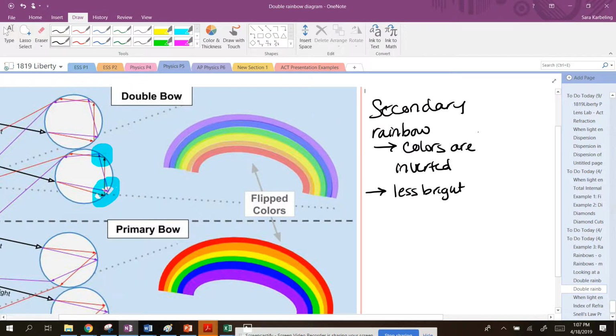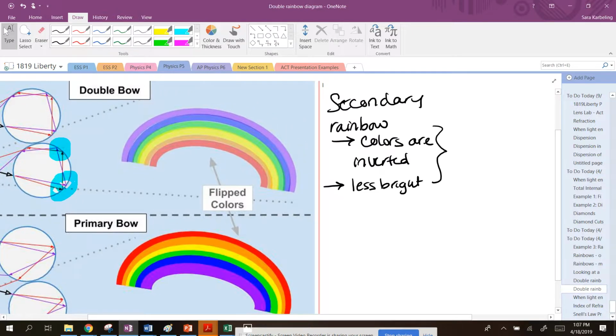And both of these things are a result of two total internal reflections, not just one. Two total internal reflections, not just one, cause the colors to be inverted and the light to be less bright. It will also always be on the top because the light is coming from higher up, or the raindrops are higher up to get the correct angle.